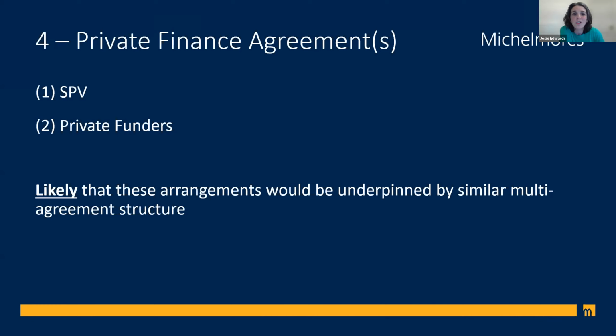But the SPV structure provides potential for flexibility and diversification into other income streams without it being an overly complex or difficult structure. It's essentially a really simple model, and it's well understood. And we think that using that and then underpinning it with the right contractual and land-based agreements will work well.